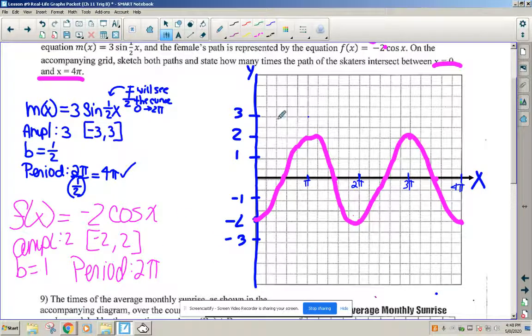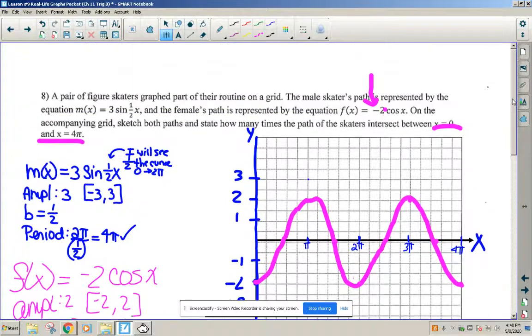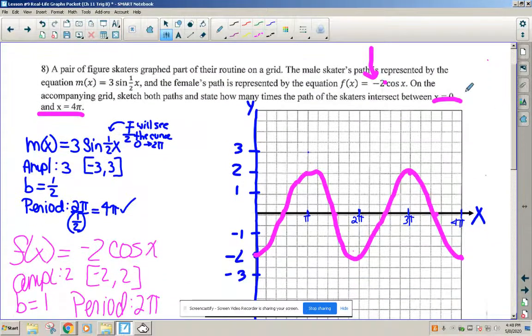So the next one, the male figure skater, he had an amplitude of 3. He has a frequency of 1/2, which means between 0 and 2 pi, I'm only going to see half this sine curve.